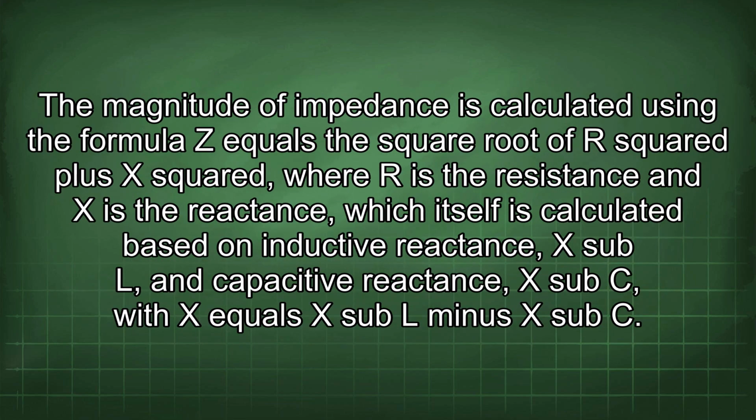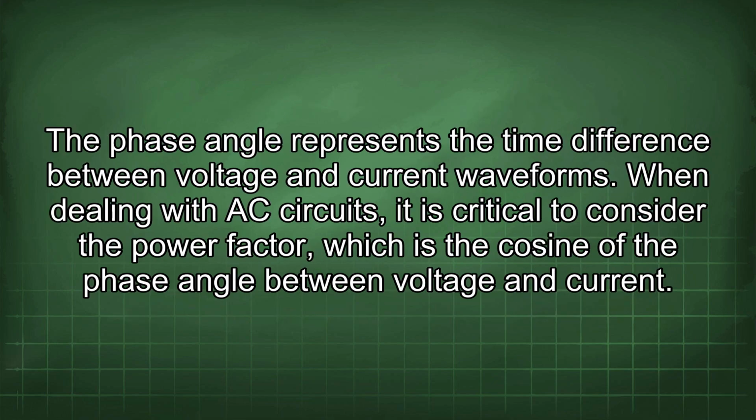The magnitude of impedance is calculated using the formula Z equals the square root of R squared plus X squared, where R is the resistance and X is the reactance, which itself is calculated based on inductive reactance, X sub L, and capacitive reactance, X sub C, with X equals X sub L minus X sub C.